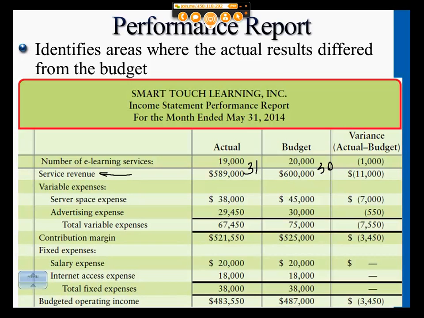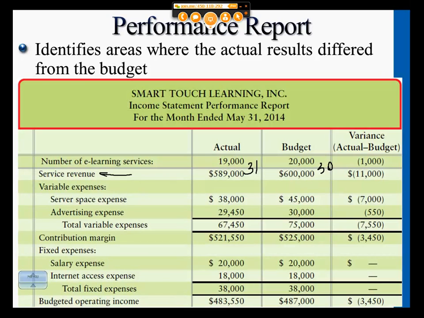It's good, right? So by analyzing the whole report, you can see where you're doing better and where you're not doing as well. So let's look further. Let's look, for example, at advertising expenses. Look, we actually spent $550 less than we budgeted. Is it a good thing or not?